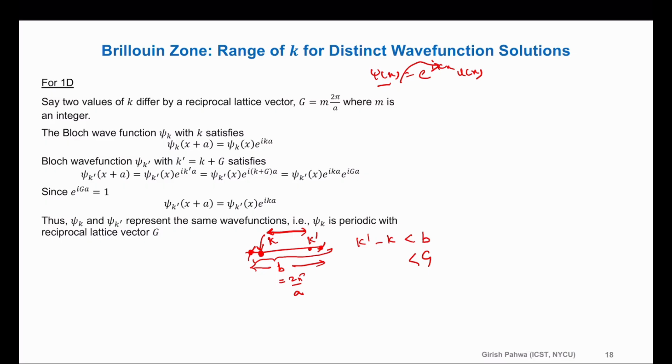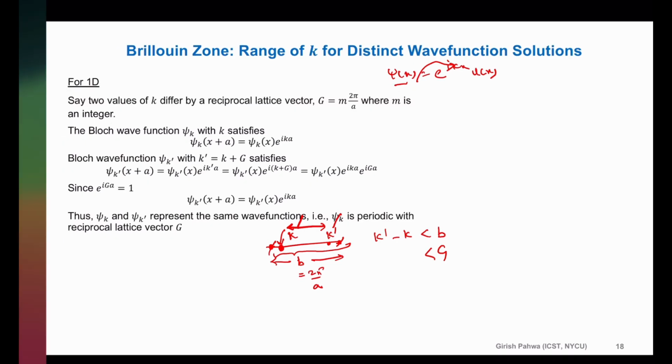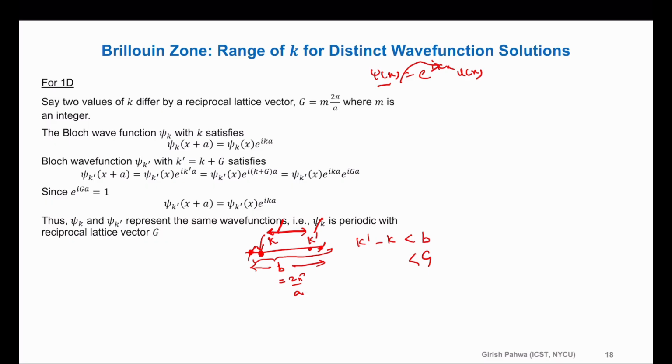You get my point? The wave functions of k and k dash, any two k values, they cannot repeat, because the distance between them can never be equal to any of the g, not even the minimum g, which is b. That's why the wave functions corresponding to k and k dash will always be different. They will be distinct.